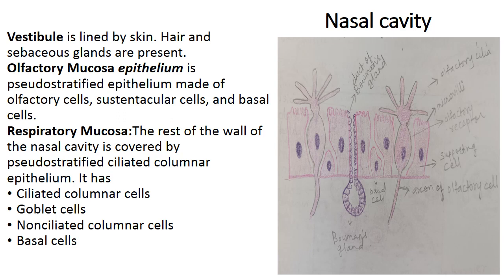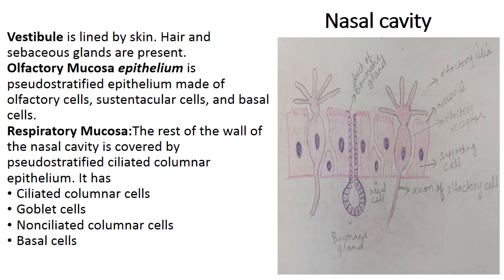Then the goblet cells, they are scattered in the epithelium and they produce mucus. The non-ciliated columnar cells have microvilli on their free surface and they secrete serous fluid that keeps the mucosa moist. And the basal cells near the basal lamina replace the lost cells, so they help in regeneration.